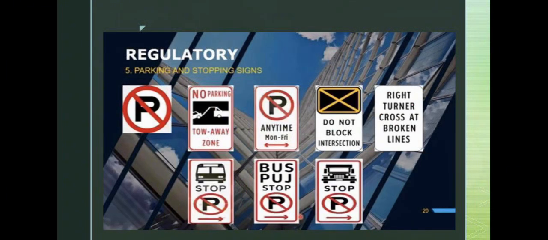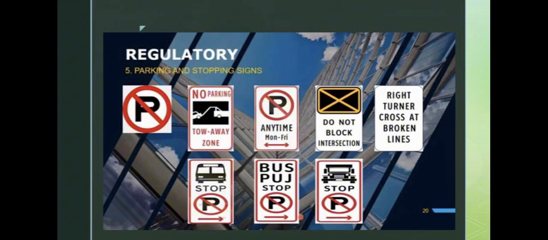So next are the parking and stopping signs. A motor vehicle is said to be standing if it is stationary for the time needed to pick up or set down persons or to load or unload goods.